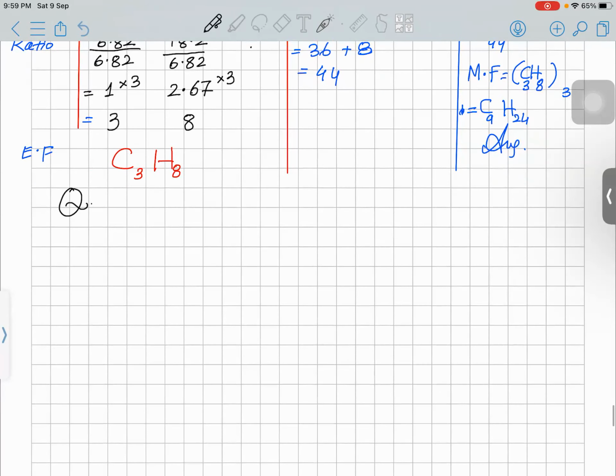Carbon 65.45%. Hydrogen 5.45%. Oxygen 29.10%.